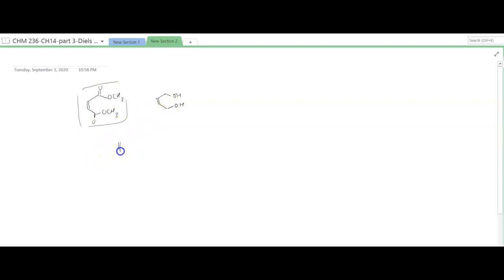Okay. Another question, why is this diene extremely unreactive? So I have an example here where the diene has some substituents attached to it. The reason is this has got bulky substituents attached to the carbon atom, right?